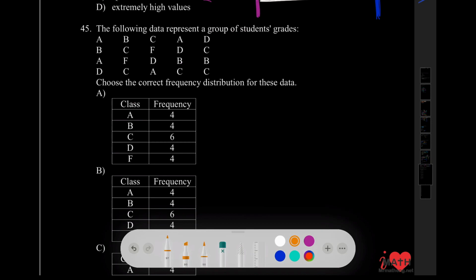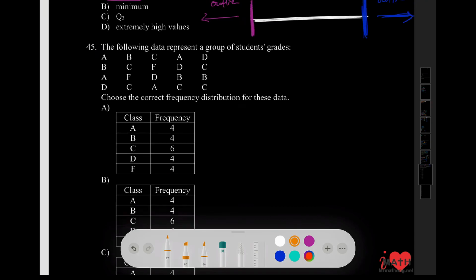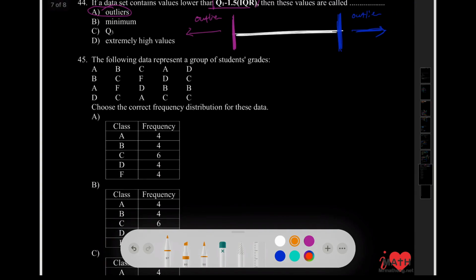Number 45. Following data represents a group of students' grades. Okay, choose a correct frequency distribution. Remember, frequency just means to count. So let's count them. Maybe I should have just color coded it. How about that?